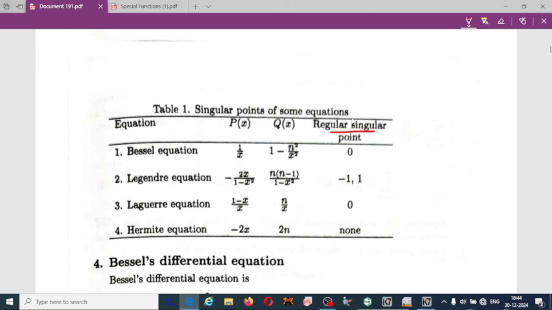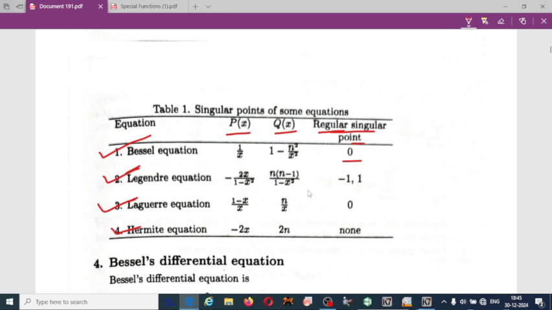So singular points of some equations, here in this table we can observe. These are nothing but the special functions: Bessel equation, Laguerre equation, Legendre equation, Hermite equation. The values of P and Q have been given, and regular singular points have also been given for these special functions.